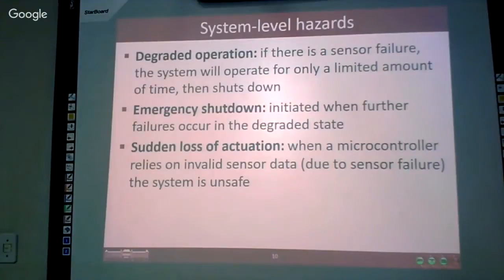The sudden loss of actuation is when a microcontroller relies on invalid sensor data due to a sensor failure. In this case, the system is unsafe. This was the case for the Boeing, because there the sensor just went wrong. It provided wrong data, and then the pilots couldn't prevent the accident.